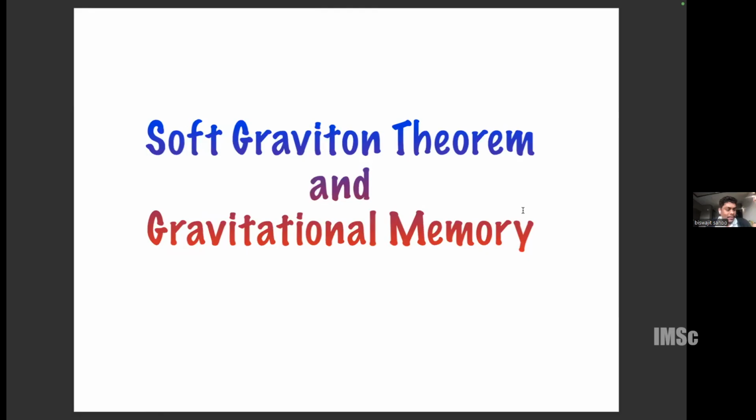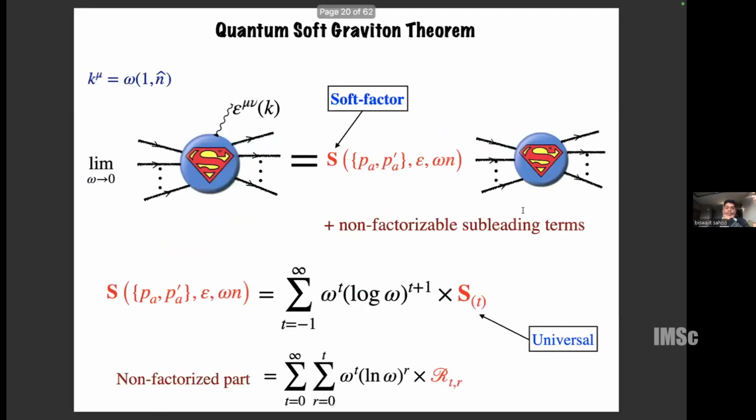Now let me describe the first part of my seminar, which will be the soft graviton theorem and gravitational memory. I will start from the quantum soft graviton theorem. Take a generic theory of quantum gravity in asymptotically flat spacetime with 4 non-compact directions.